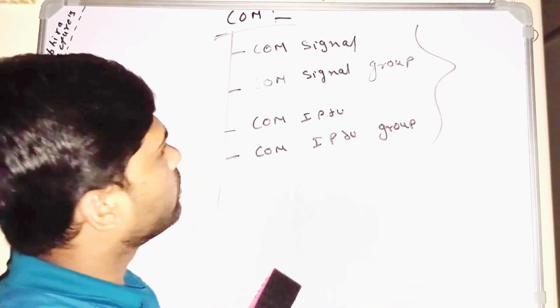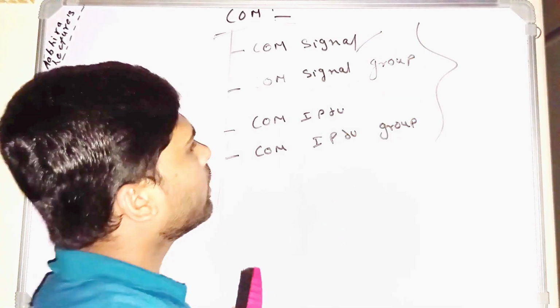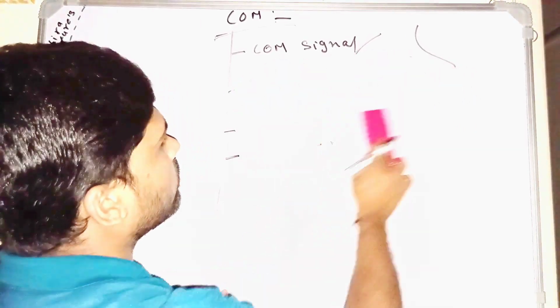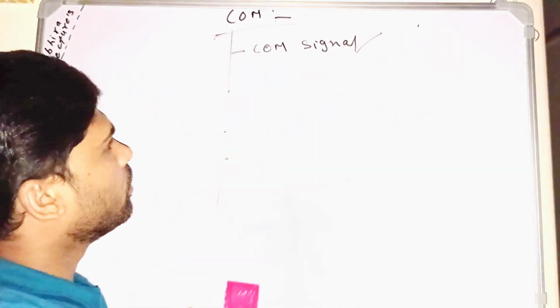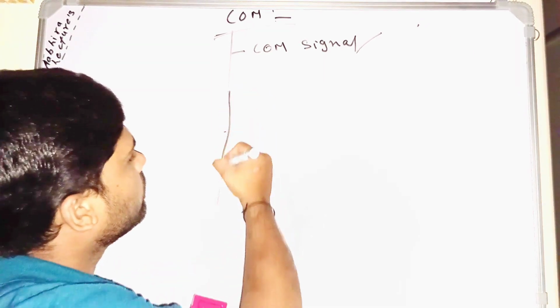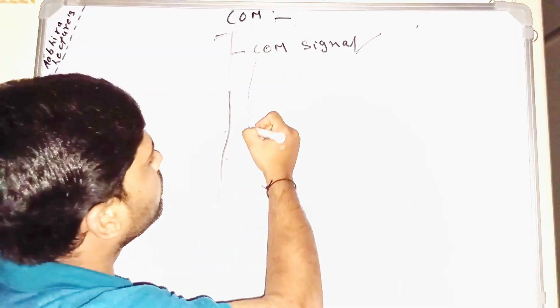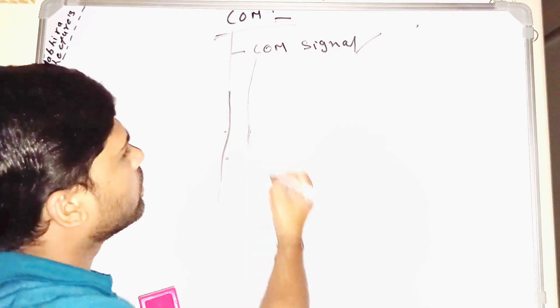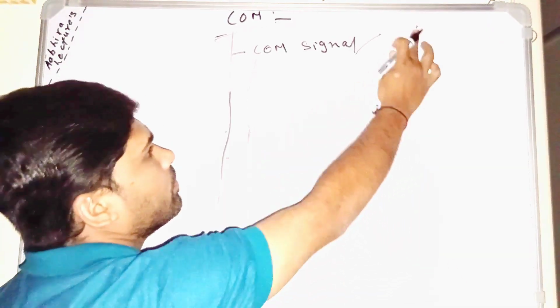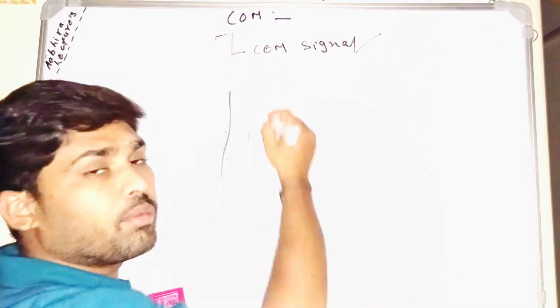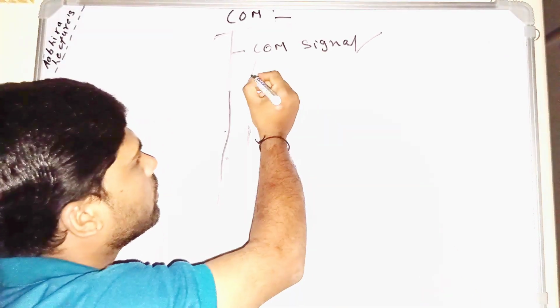So start from the COM signal. In COM signal, the parameters which you have to configure, that we are going to see.